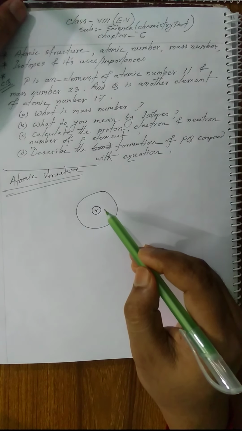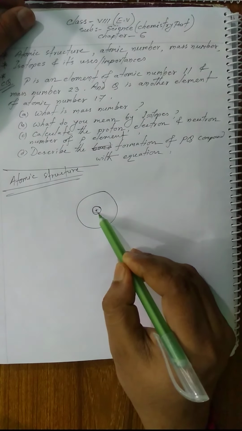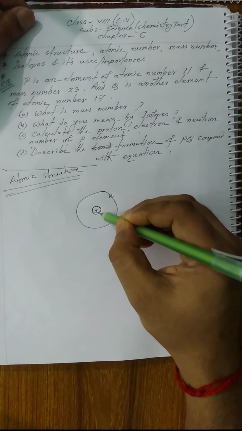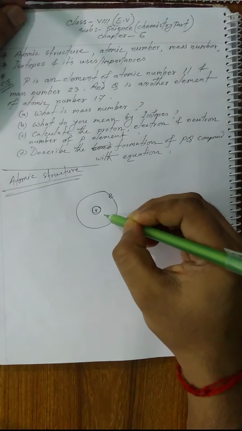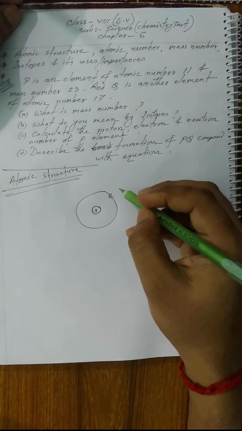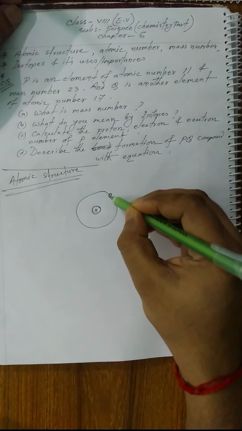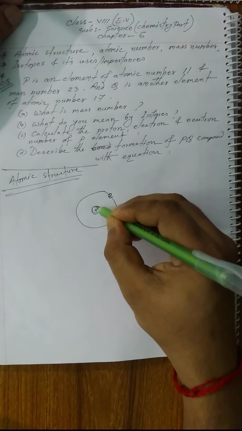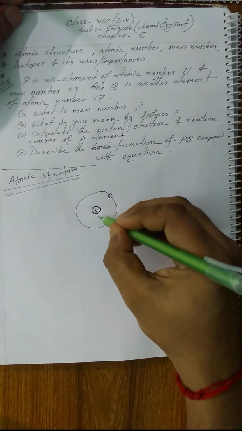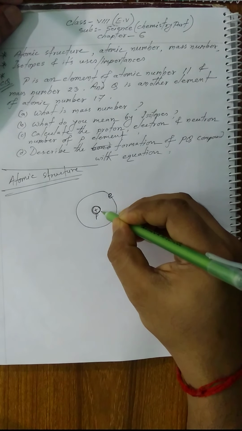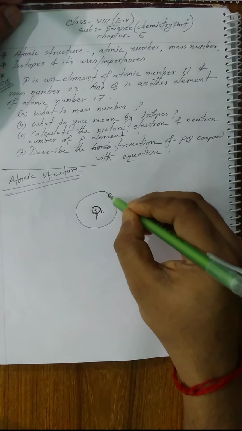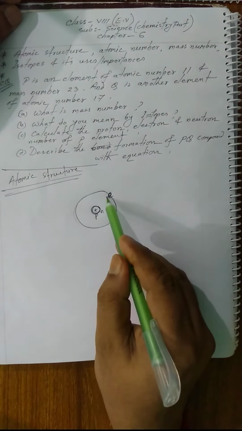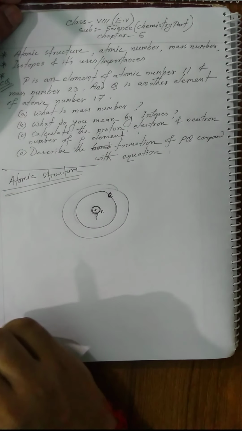Protons and neutrons are present in the center of the atom, where electrons move around the nucleus in a certain orbit or path. So this is the structure of an atom.